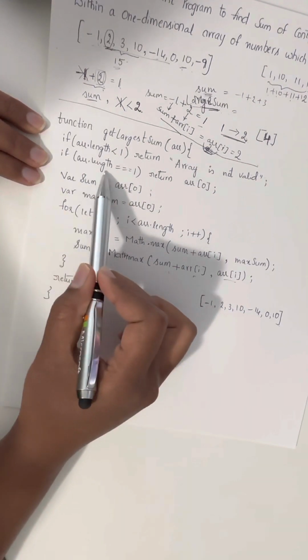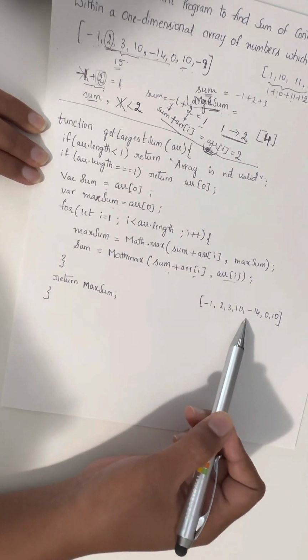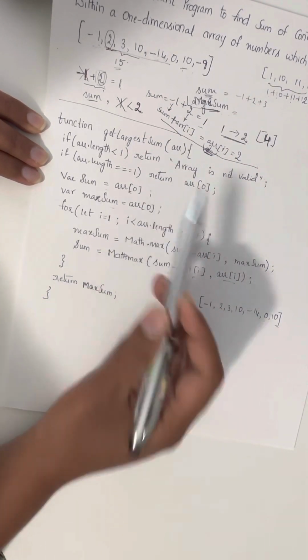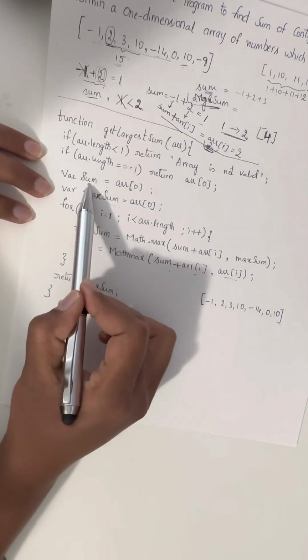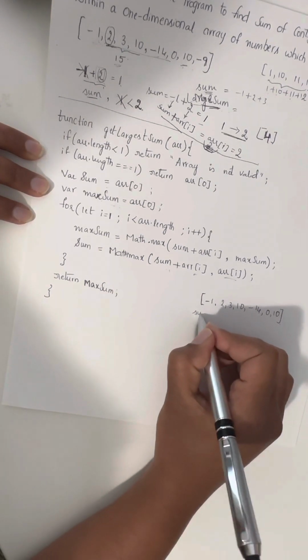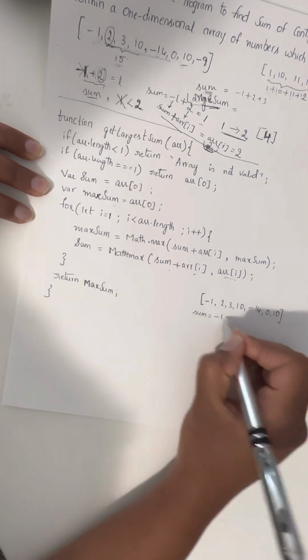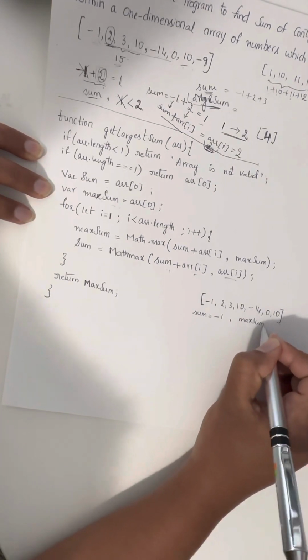Then if the array.length is equal to 1, it is greater than 1, so we are not entering into this if. Then we are declaring sum as array of 0. So the sum is -1 and the max sum is also -1.